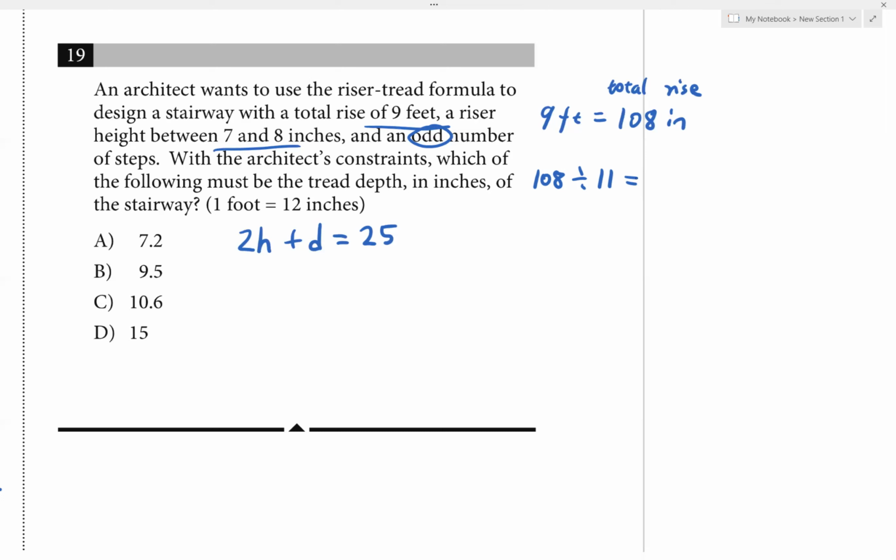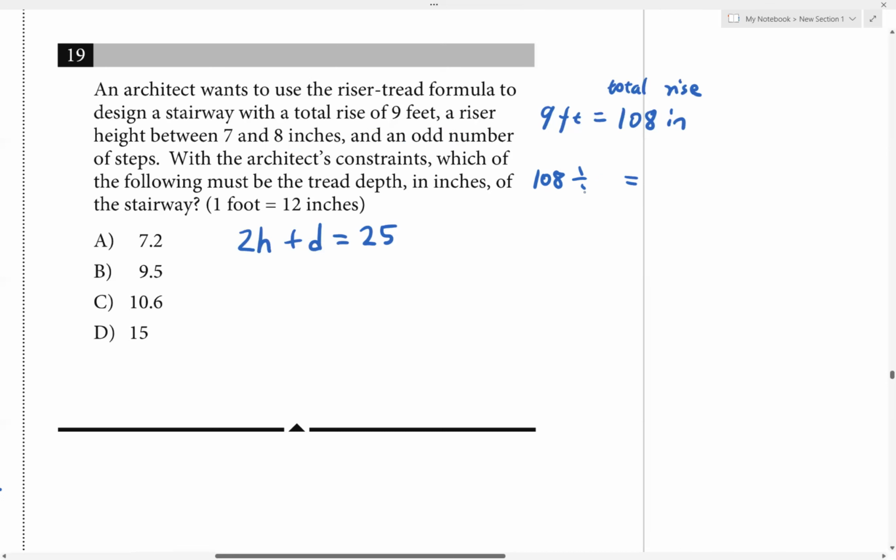If you have 11 steps, then each stair's height will be 108 divided by 11. In the calculator, we got about 9.8. Would that work? No. It has to be between 7 and 8, so 9.8 is too big. We want to make it smaller, so we have to divide by a bigger number.